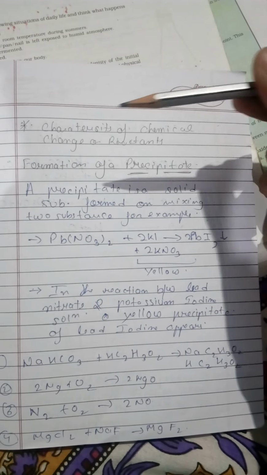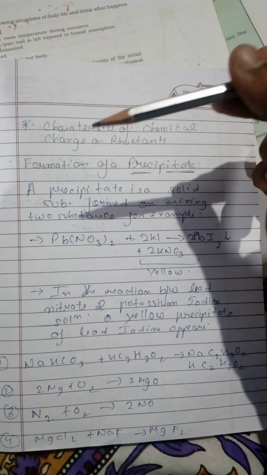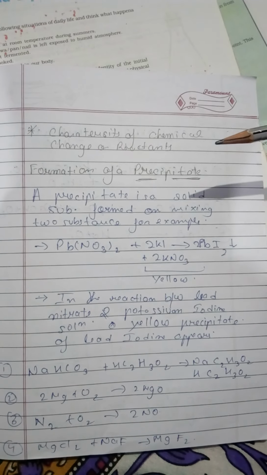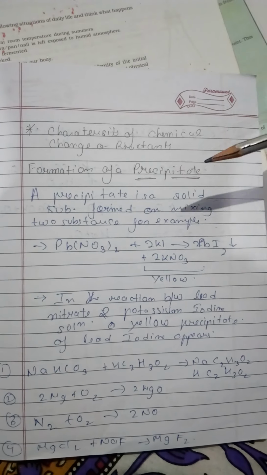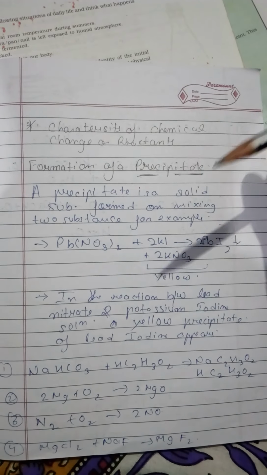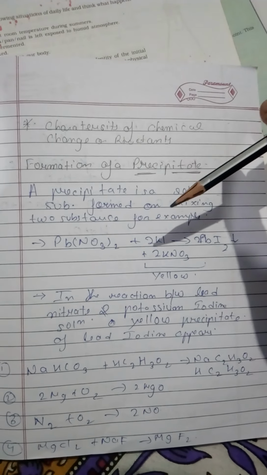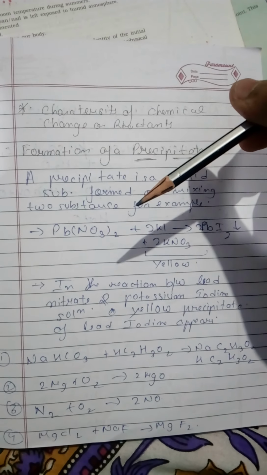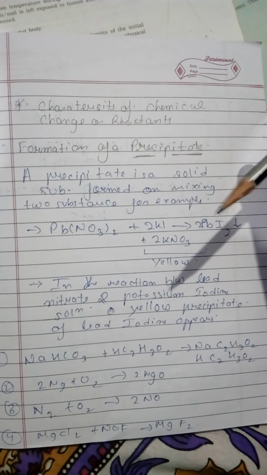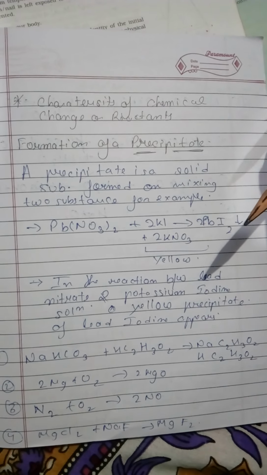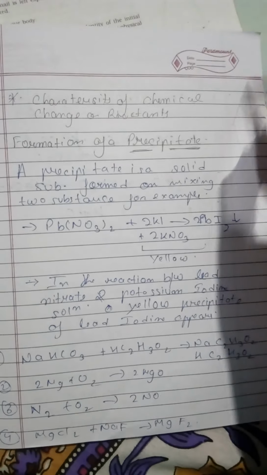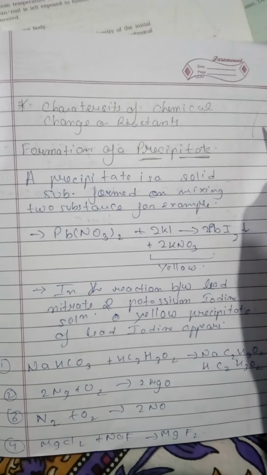Characteristics of chemical change or reaction. Formation of precipitate. A precipitate is a solid substance formed on mixing two substances. For example, Pb(NO3)2 + 2KI → PbI2 + 2KNO3, where PbI2 is a yellow precipitate. These are some examples.